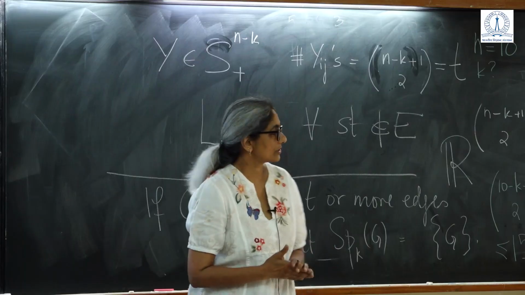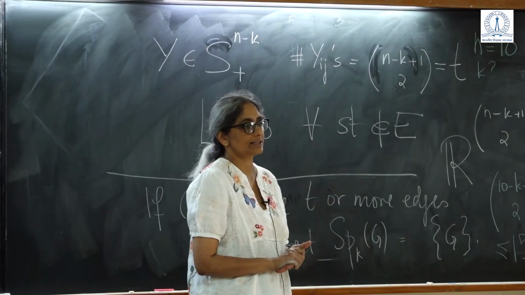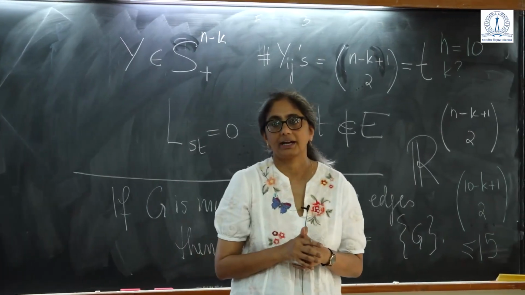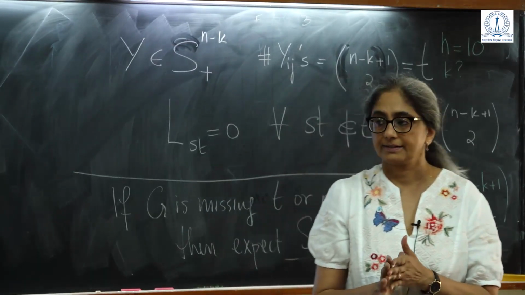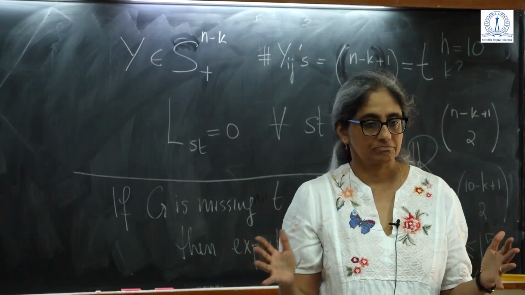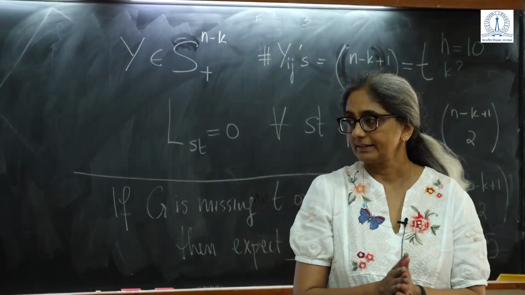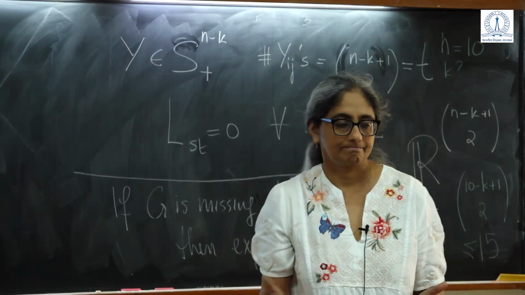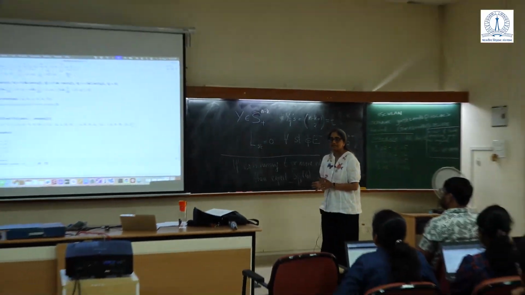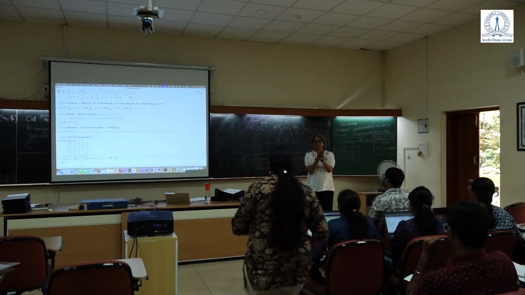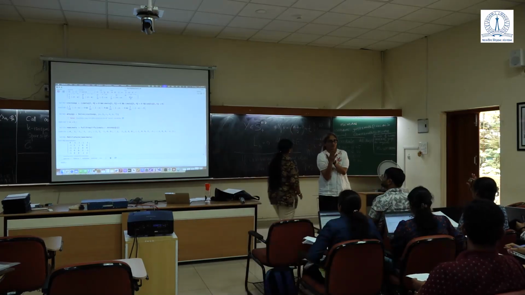You just solve the inequality and see what's the biggest I can push k so that this binomial coefficient is less than or equal to 15. It's okay? All right, I think that's a good place to stop. If anybody was stuck on the code, I'm happy to help.